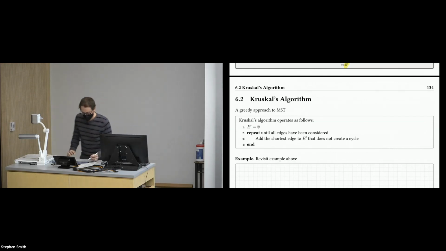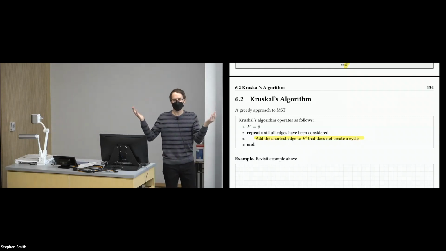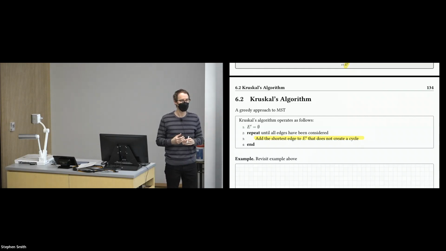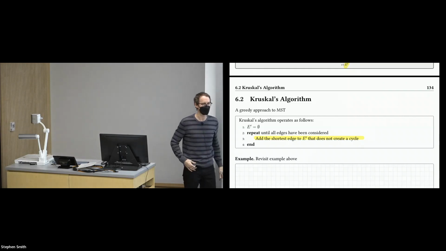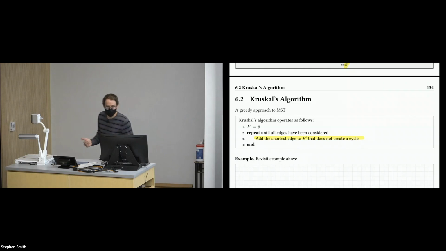It says, start with an empty set of edges, and then just repeatedly add the shortest edge that doesn't create a cycle until I get up to a connected graph, right? I've spanned all the vertices and then I stop. Okay, certainly it's a way to do it.